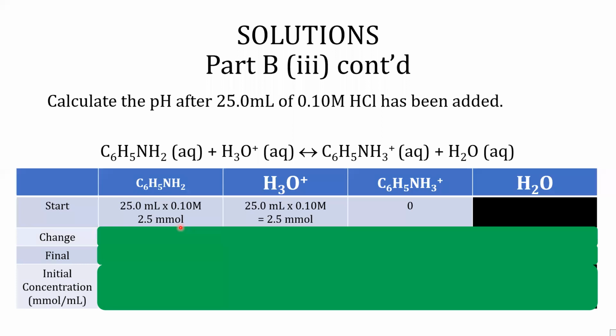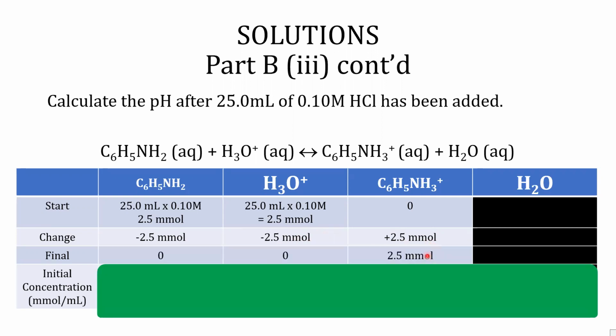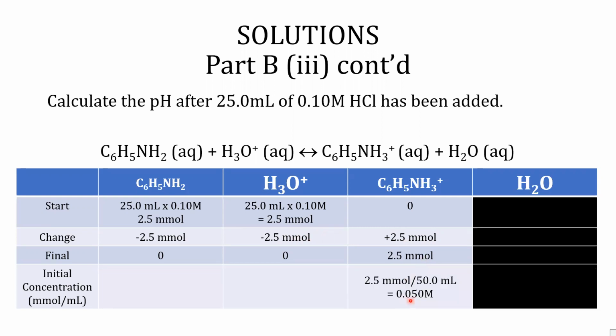C6H5NH2 and HCl are both limiting reagents, so after subtracting 2.5 millimoles from both and adding 2.5 millimoles to C6H5NH3+, the final amount is 2.5 millimoles for C6H5NH3+. The molarity of C6H5NH3+ is 0.050 molar.